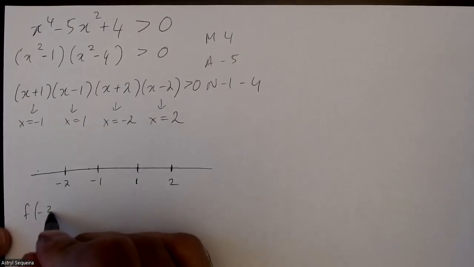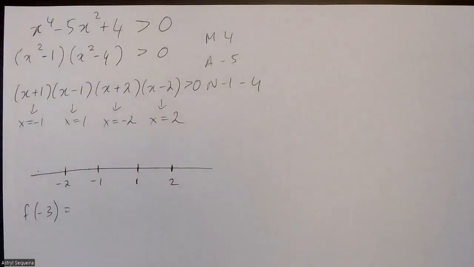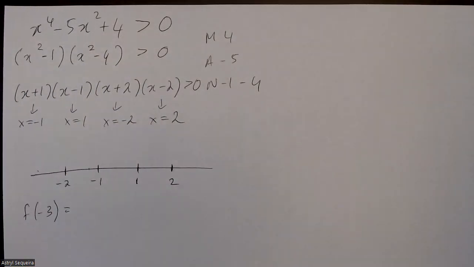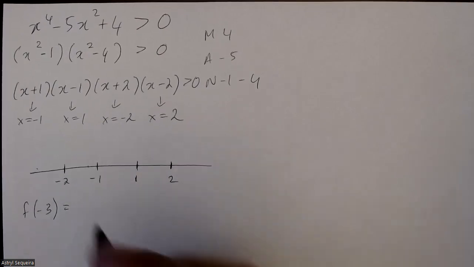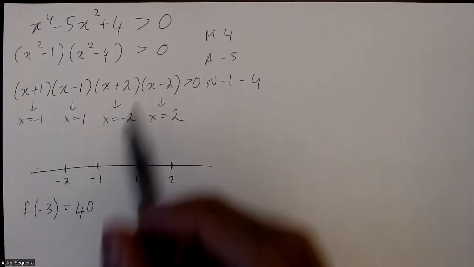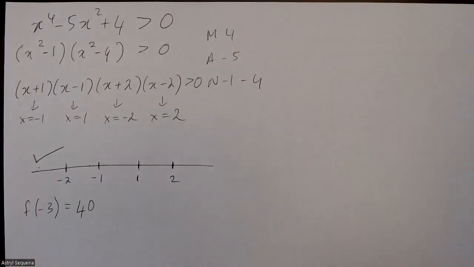F of -3, I'll sub it into my original equation over here. Doing this in my calculator, -3 to the power of 4 minus 5 times -3 squared plus 4 is +40. +40 is greater than 0, which means this entire range here is good.